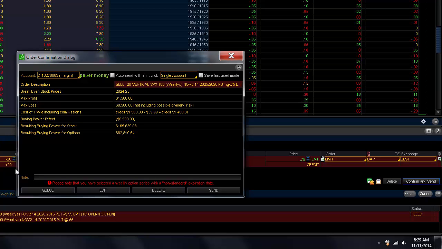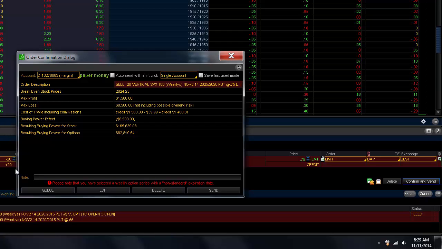Break even stock price is 224.25. That gives you an idea of where your break even mark is right now. That can change over the next few days, but a gross approximation is if the market reaches 2024, 2025, that's approximately your break-even point on the trade.